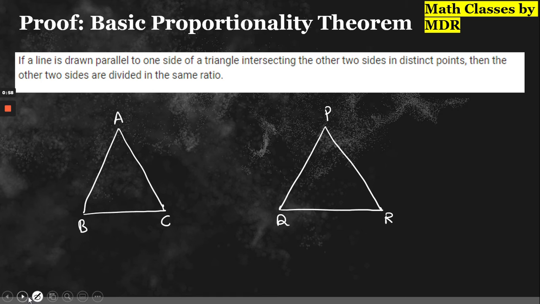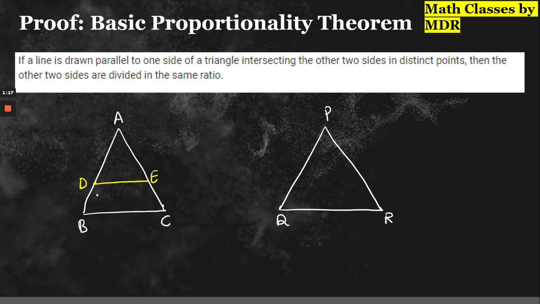So let us draw a line parallel to BC here. Let us say that it intersects AB and AC, the other two sides, at D and E.